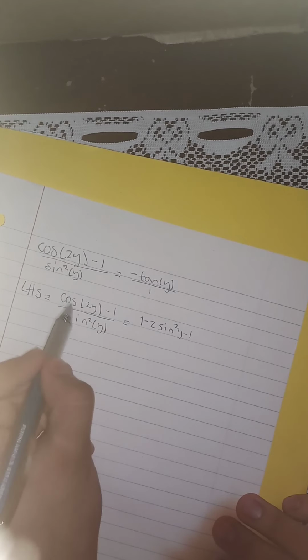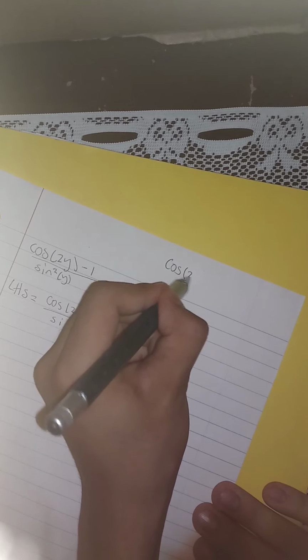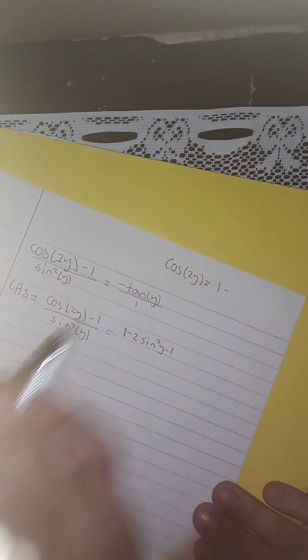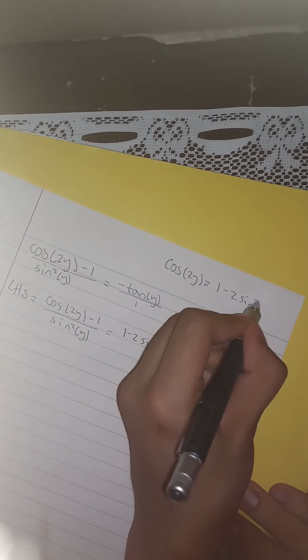But that function, they said cosine 2y is equal to 1 minus 2 sine squared y.